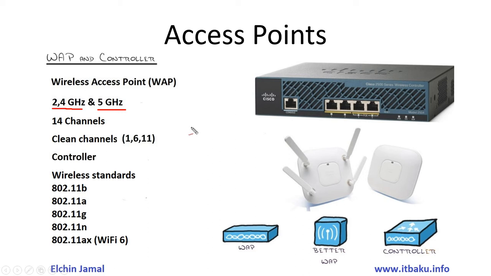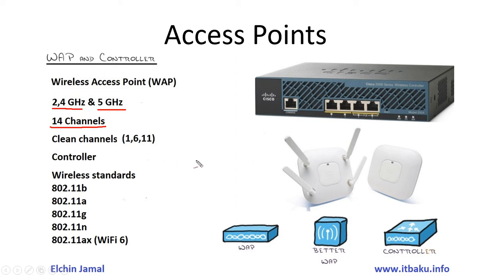So if you're installing access points somewhere, try to install them a little far away from microwave ovens, from Wi-Fi phones and Wi-Fi cameras, because they can interfere with each other, and we may have a lot of problems with connectivity. Also, there are Wi-Fi channels we can use.